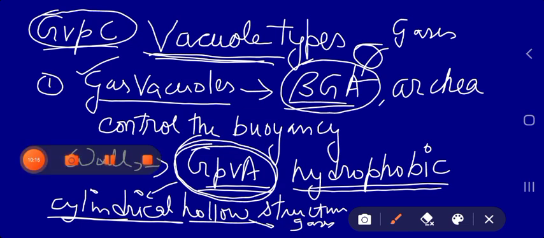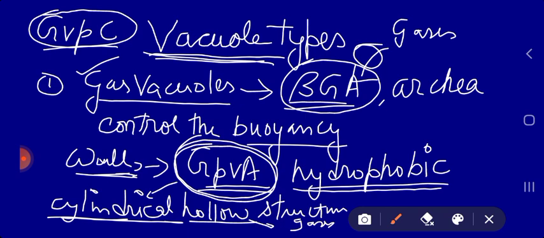Gas vesicles allow the bacteria to control their buoyancy. The walls of the gas vesicle are made up of GVPA, or gas vesicle protein A, which is purely hydrophobic in nature.